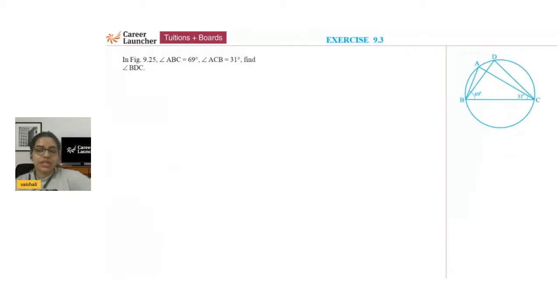Now the next question. In the figure 9.25, as given here, the two angles are given, which are ABC and ACB. We need to find the angle BDC. Now, I can apply the angle sum property in which triangle? ABC.